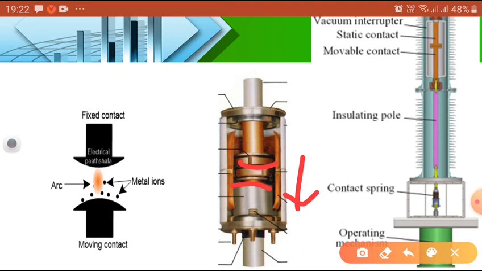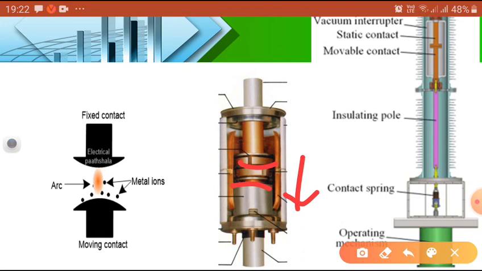When charge particles flow through air or some other medium, we say it is an arc. Now the medium is the metal vapors, through which the short circuit current will try to flow.